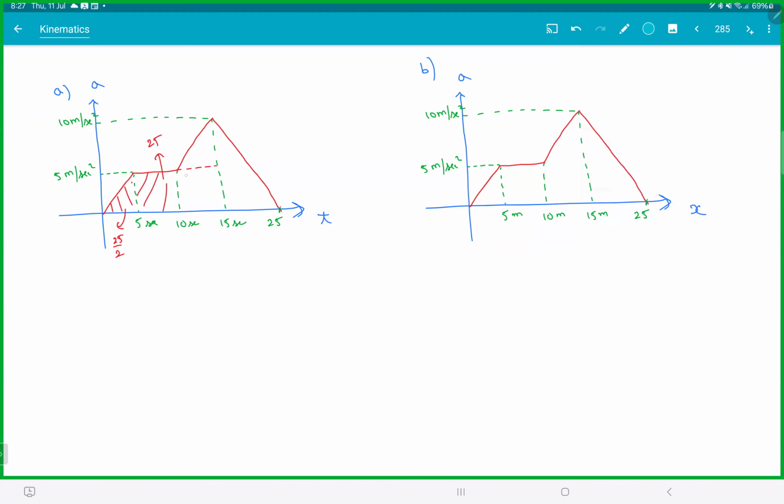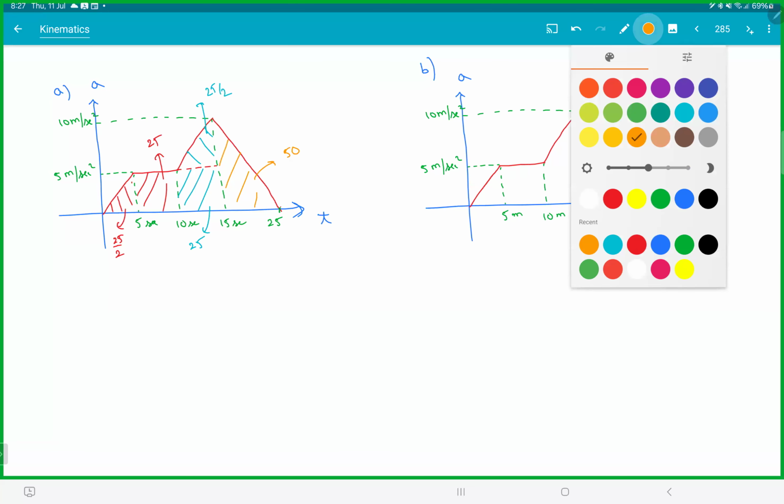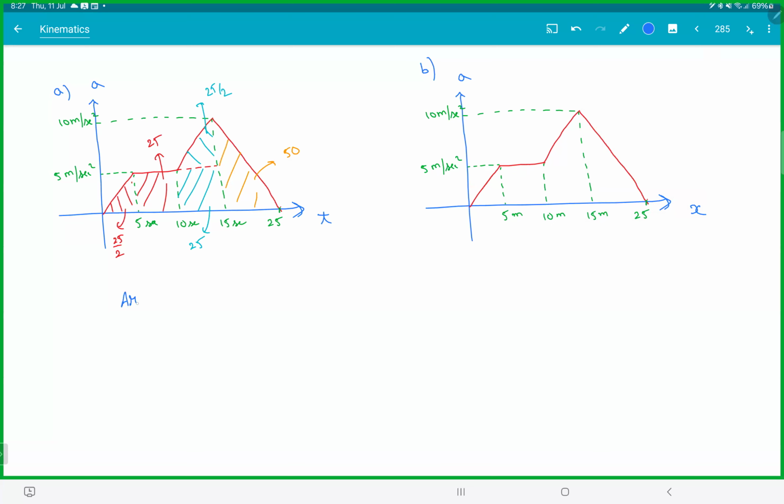This guy would be another 5 into 5, 25. This guy would be another 25 by 2. This whole thing, you can take one triangle, which is half into 10 into 10, 50. So we can clearly see, total area would be 25 by 2, 25 by 2, 25, 75, 125, right? Did I get the area right?